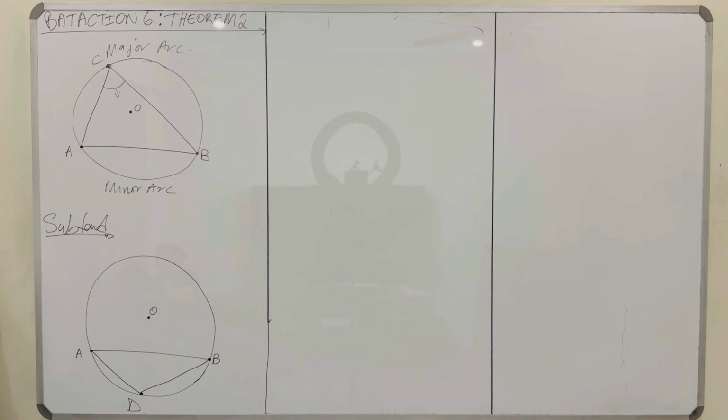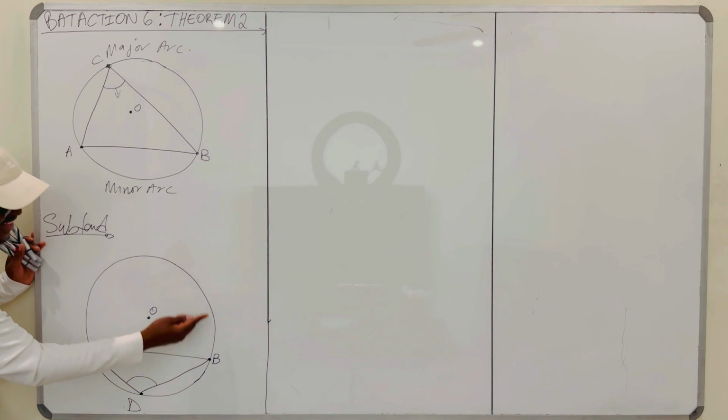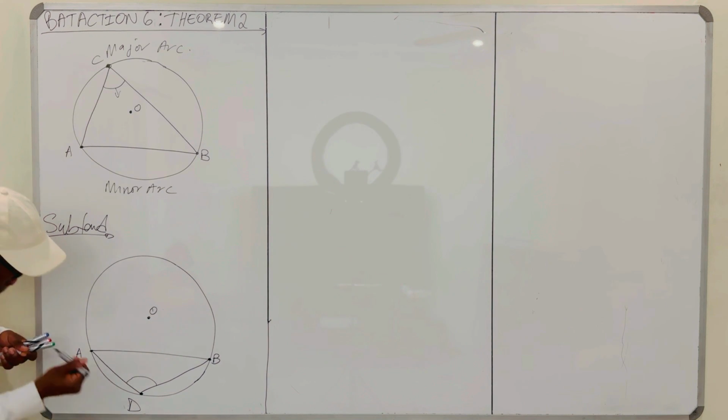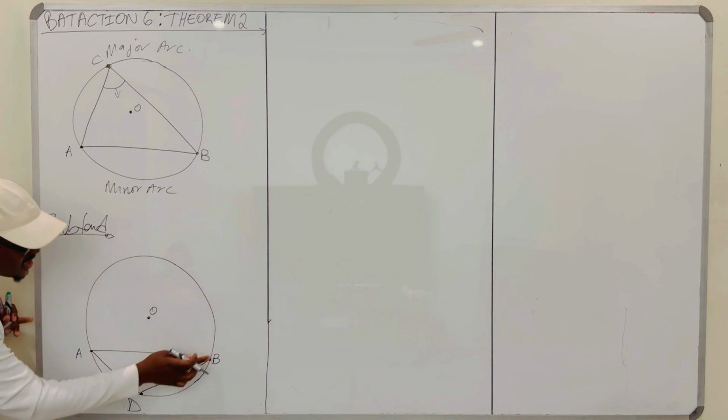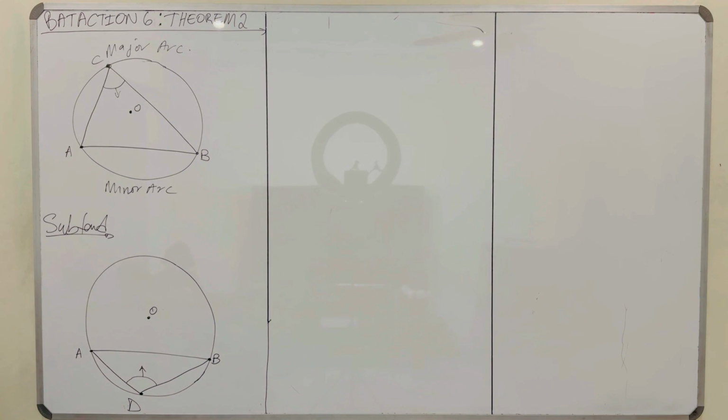It's the minor arc. But if you look at D, the angle D is this one here. Right? Yes. Subtended by what? By this chord AB. But which arc is it? It's the arc on the side in which the angle is facing. This angle is facing that way. So the arc that is responsible is the major arc. So angle D is subtended by chord AB or major arc AB.